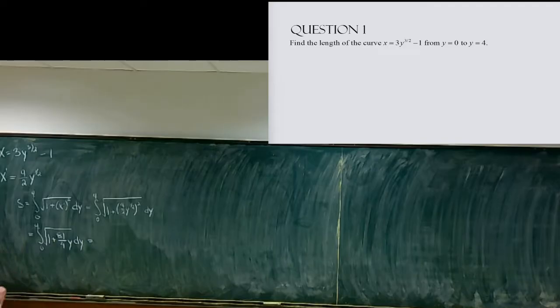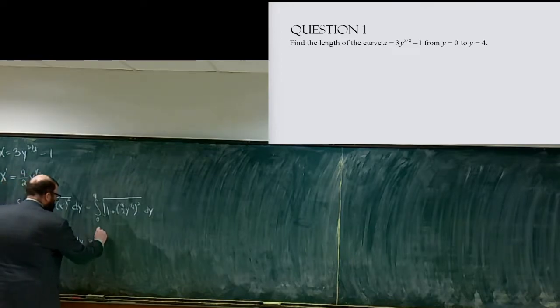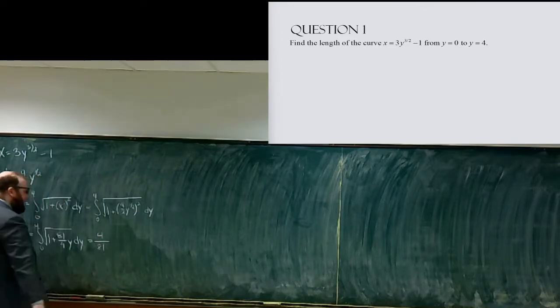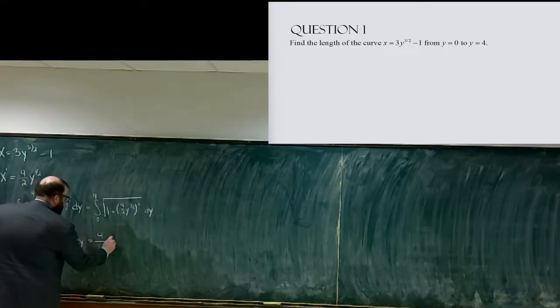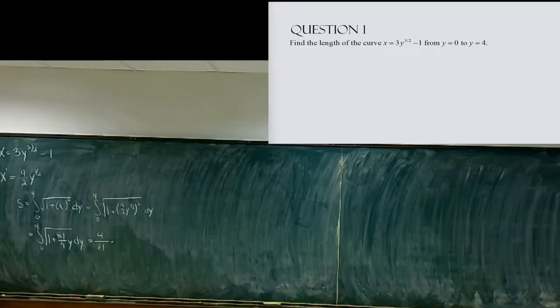Derivative of 1 plus 81 over 4 y is 81 over 4, so we have to multiply by 4 over 81 times the antiderivative of u to the 1 half.